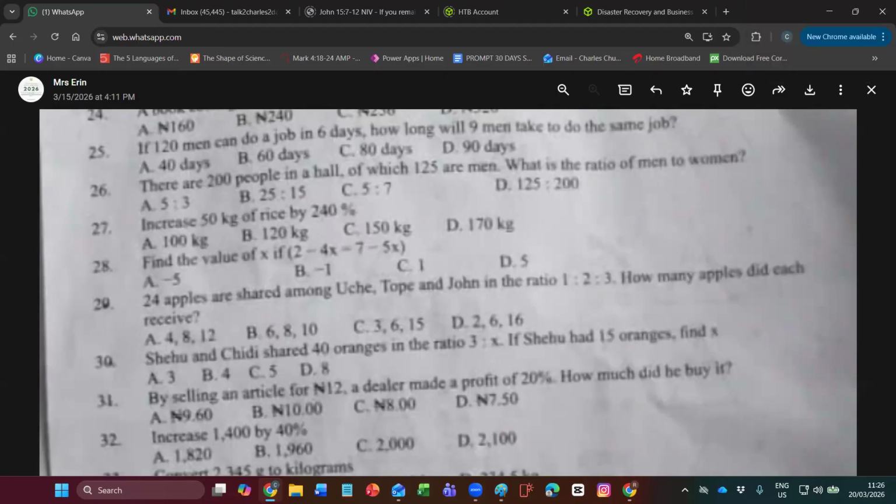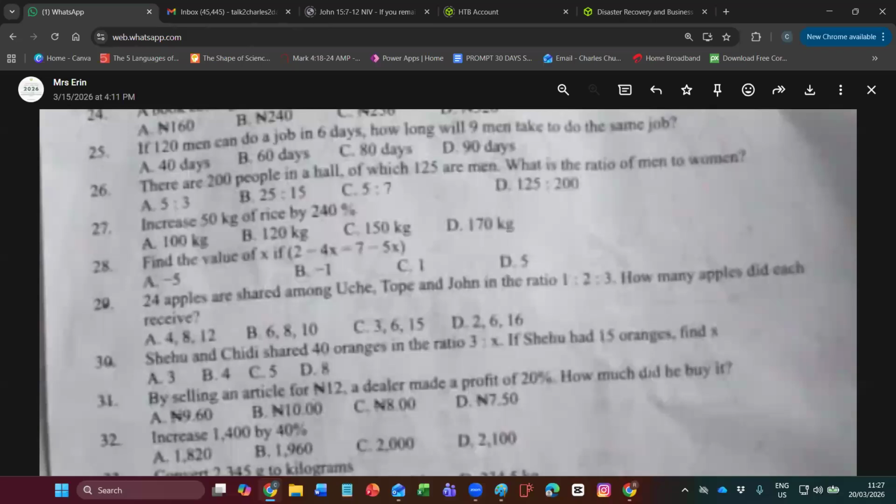So who can tell me what we will do in this question? So they said if Shehu had 15 oranges, we'll do 40 minus 15, that is 25.